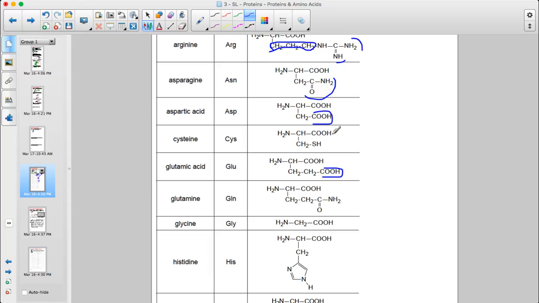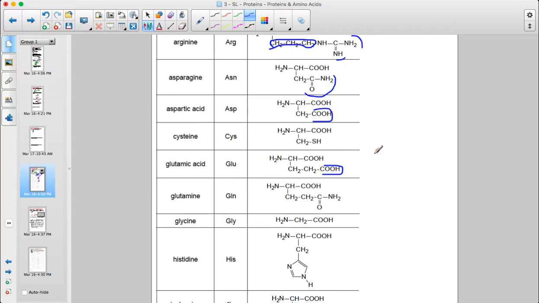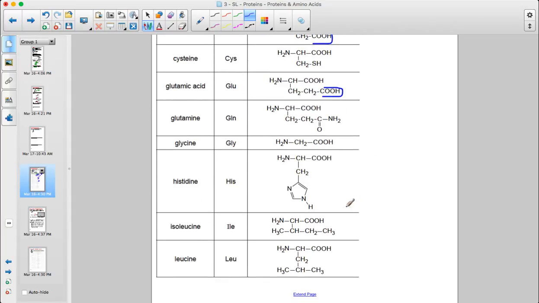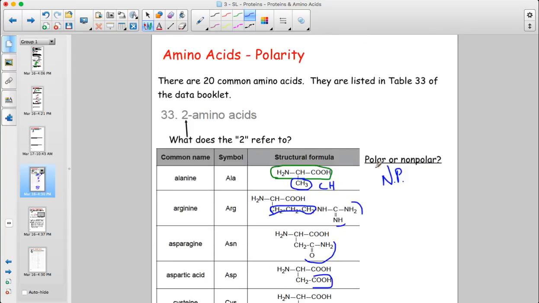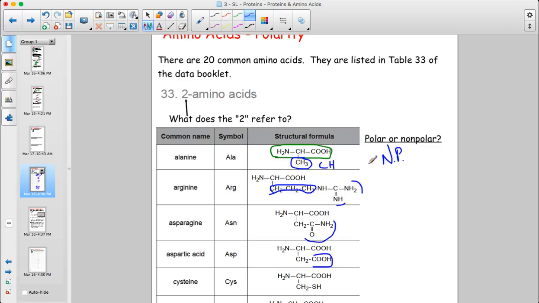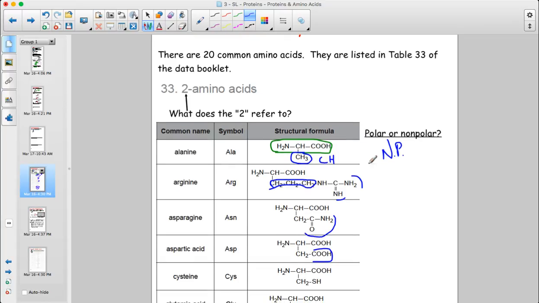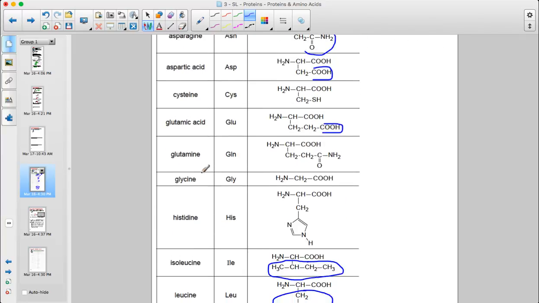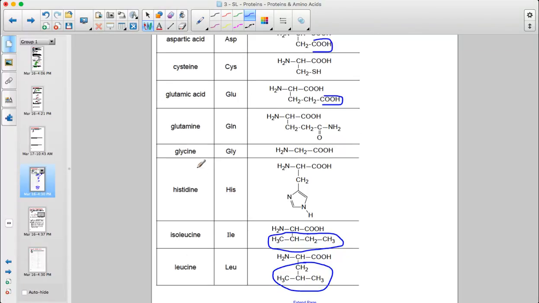So there are some here that would be fairly polar, and then there are some that would be completely nonpolar, such as isoleucine, all hydrocarbon, and leucine here, which is all hydrocarbon. So you guys should be pretty comfortable identifying polarity at this point, and so just be prepared to do so when looking at these amino acid structures. Note this is only half of table 33. We're going to look at the other half in a second.